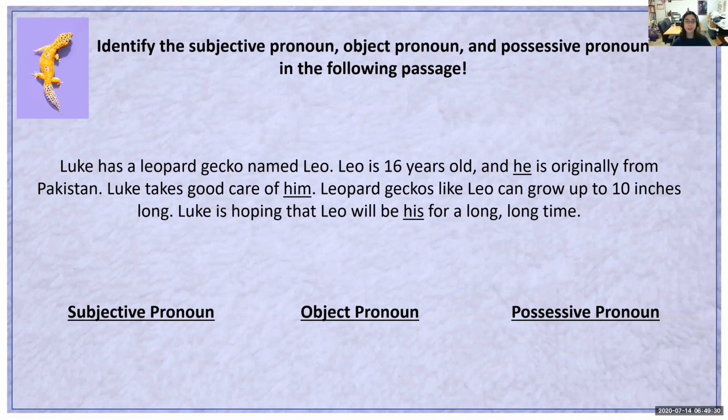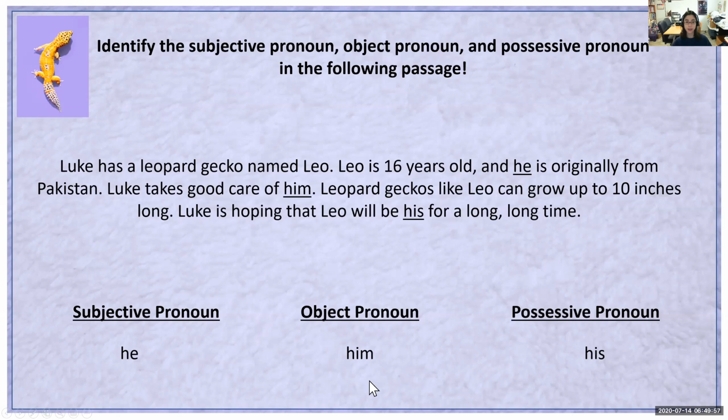All right, so after you're done with that, let's double check our work. For he is originally from Pakistan, he is the subject of the sentence, he referring to Leo. So he is going to be a subjective pronoun. I'll put it right here under the subjective pronoun column. What about him? Luke takes good care of him. If you wrote that him is an objective pronoun or object pronoun, then you are correct.